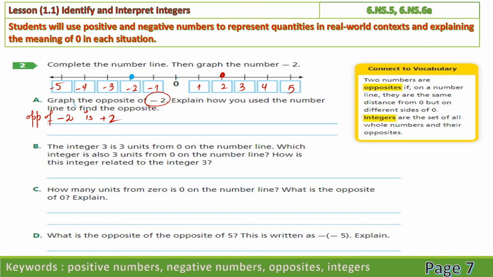So next, B part: the integer 3 is 3 units from the 0, right? On the number line, which integer is also 3 units from the 0? Of course, -3, right? -3 is the integer that shows 3 units distance from 0 but on the left side.